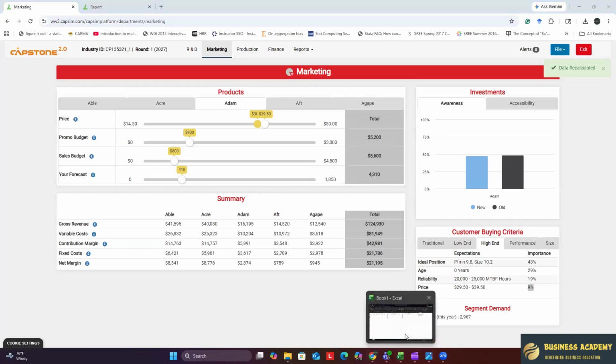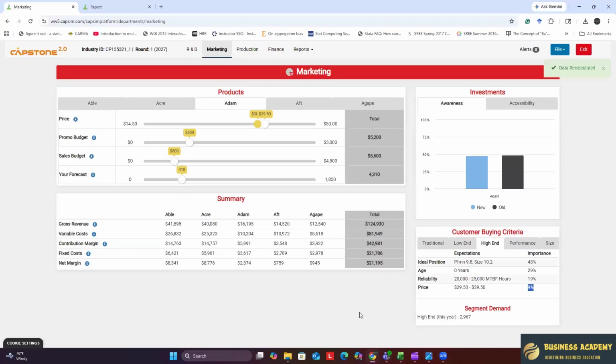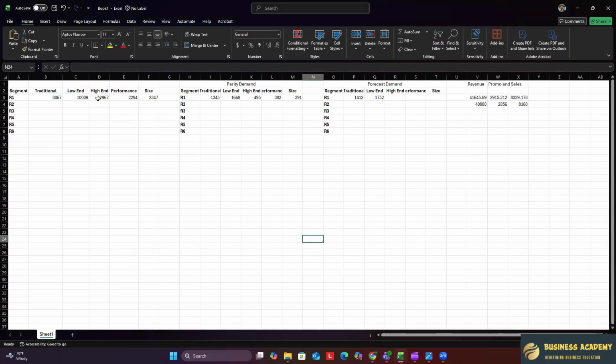So when it comes to the forecasting, when you see the entire industry is willing to spend up to 2,967, so parity demand is 495. My product is what I'm trying to give my customer the best I can in terms of my product configuration in my R&D.